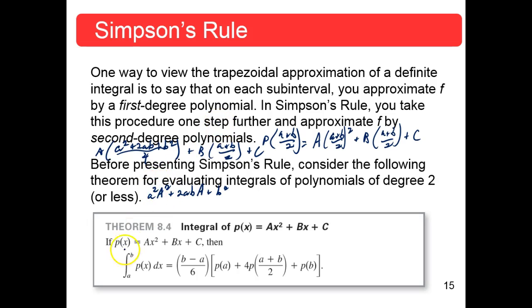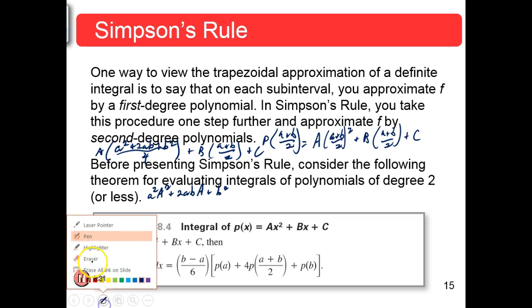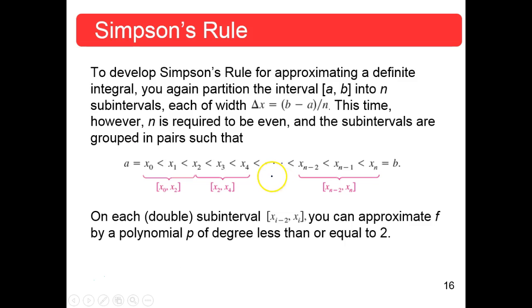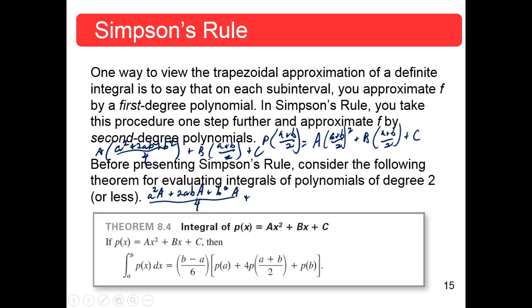Wait, I did the wrong A squared. Okay, sorry. Little a squared times capital A, plus 2AB times capital A plus B squared times capital A, and that's all over 4, plus little ab plus little bb over 2 plus c.